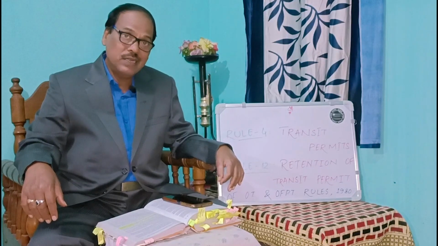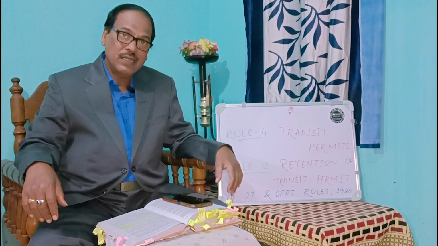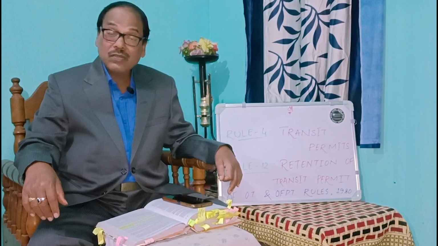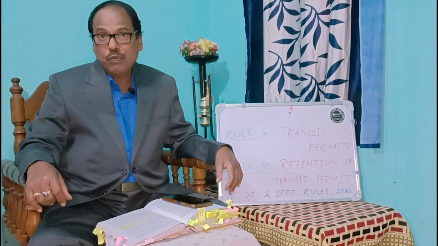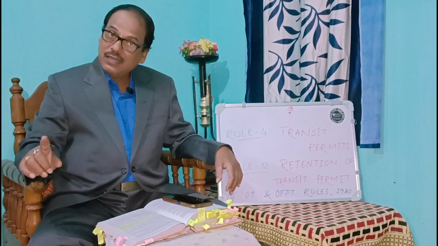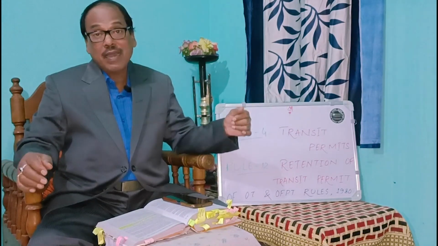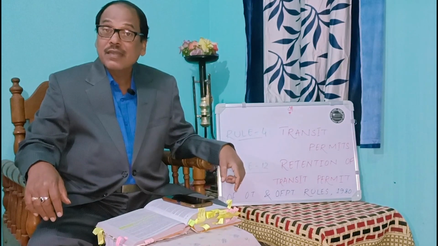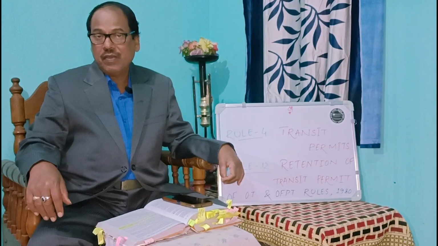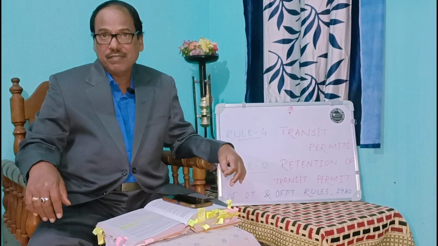If there is no TT permit outside the jurisdiction of that depot, the case will be booked accordingly, though it has been purchased from the particular depot authorized by the DFO. That's why it is most important.